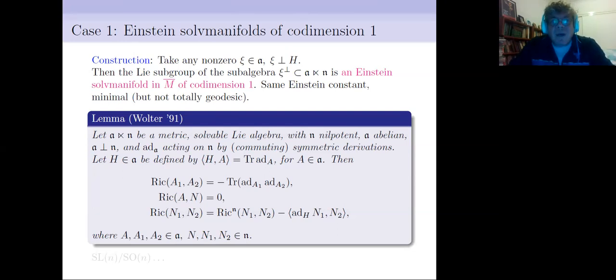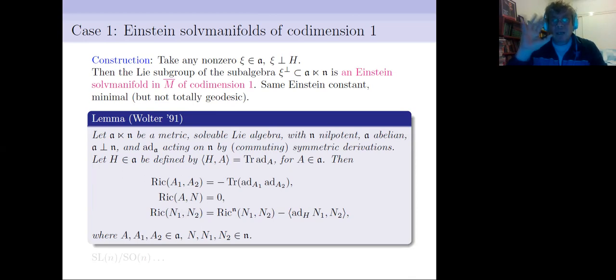In general, if we have a homogeneous non-compact Einstein space, a complete Einstein space with negative Einstein constant, there was this long-standing Alekseevsky conjecture, which was very recently resolved by Ramiro Lafuente and Christoph Böhm, saying that all of them are of this type.